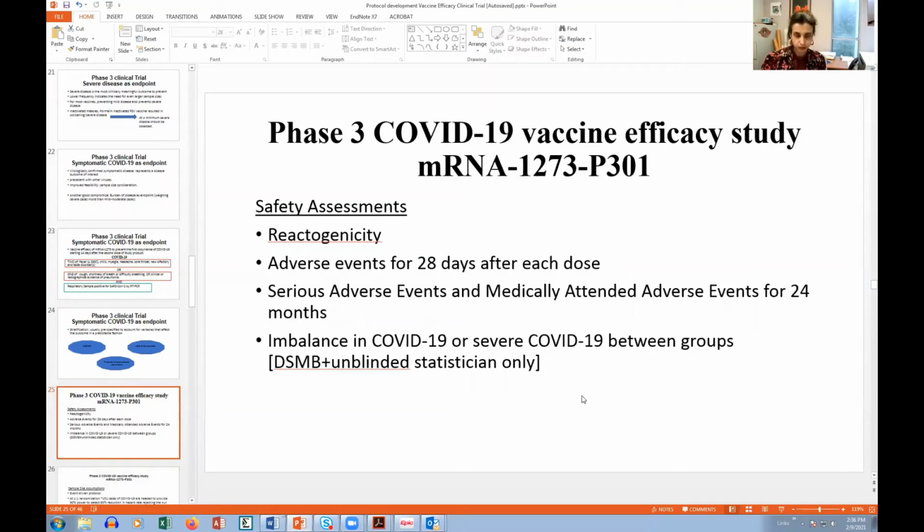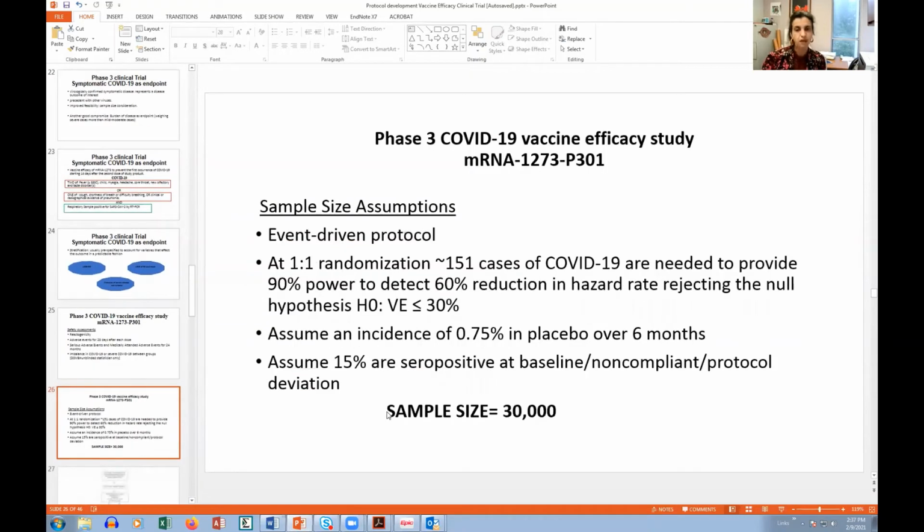Other important endpoints were the assessment of safety in terms of reactogenicity, adverse events, serious adverse events, and imbalance in COVID-19 or severe COVID-19s between groups. This was an event-driven protocol.